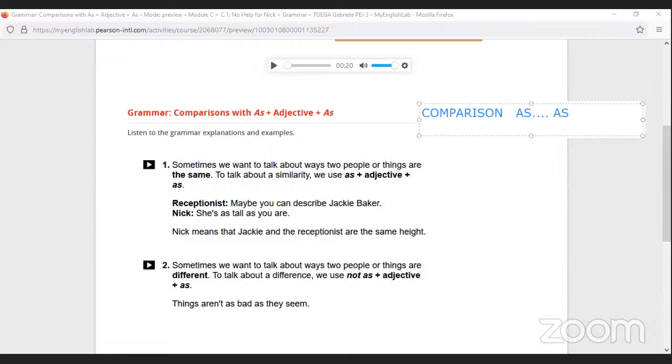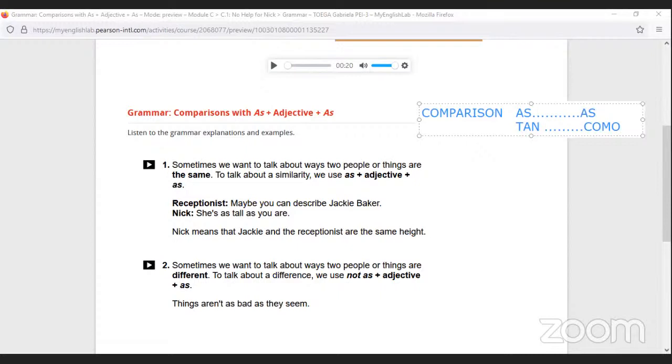For example, the first as is going to mean "than," and the other as, in this case, will have the meaning of "como." Okay, so we have "than" and "como," two as and as. Between these two as, we are always going to have the adjective.